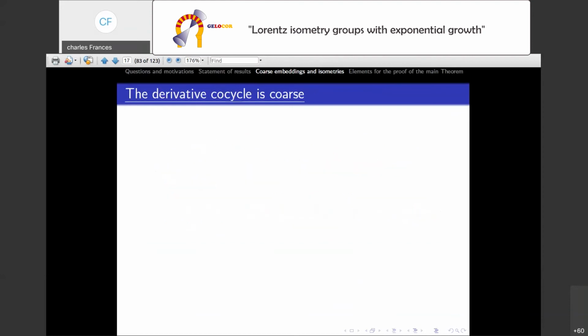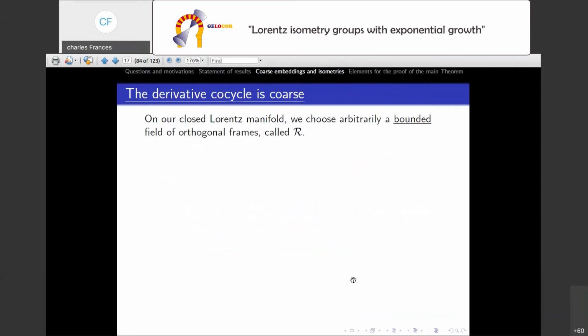So I come back to Gromov's statement, and we will check that actually the derivative cocycle is a coarse embedding. So we have our closed Lorentz manifold, and we choose a bounded field of orthogonal frames on this manifold. Of course, the field is not continuous, but just bounded in the bundle of frames.